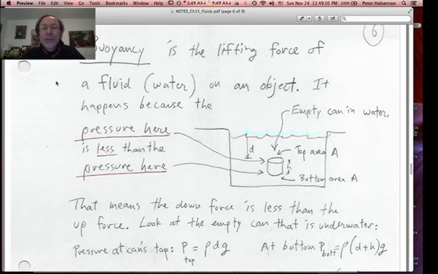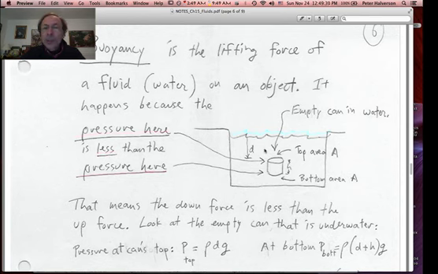As you saw in the simulation just a few seconds ago, the deeper the gauge is in the water, the higher the pressure. So if you have some object in the water, here I've got some three-dimensional object, watch what happens.